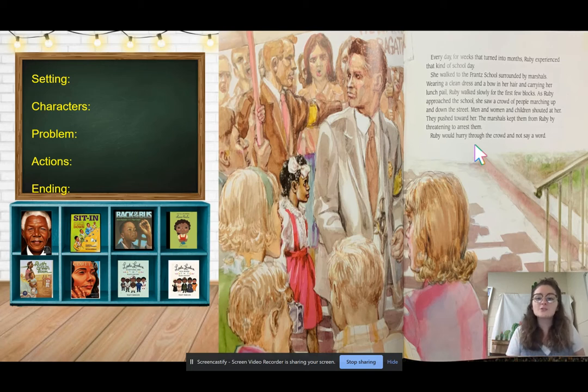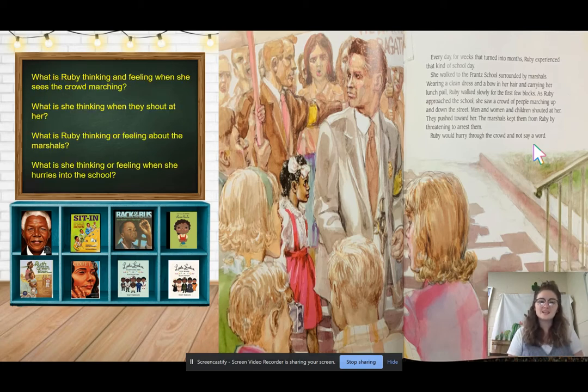And what is the angry crowd of people doing in this section of the text? Tell me in the puzzle. It says that they march up and down the street. It says that they shout at Ruby and they push toward her. And we know that the ending is Ruby would be rushed into the school, into safety.